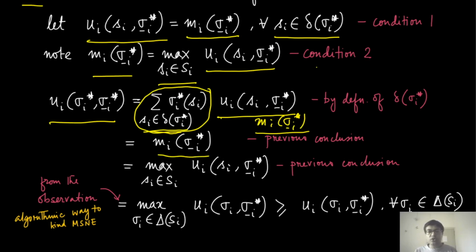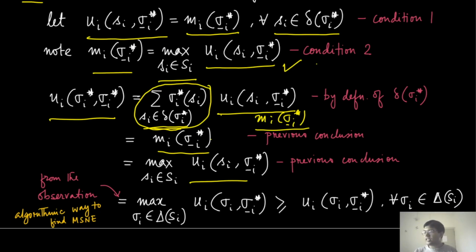So that gives me the first equality. Now we have also shown that this value is actually equal to the maximum. That is what we have discussed here, the implication of condition 2. Now we know that whenever you are picking a pure strategy and finding the maximum with respect to that, that is also going to be the maximum if you consider mixed strategies.